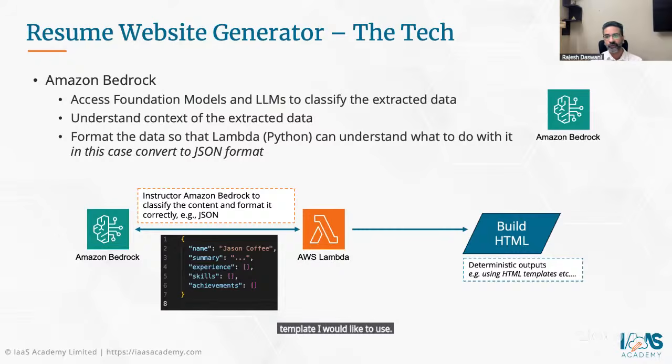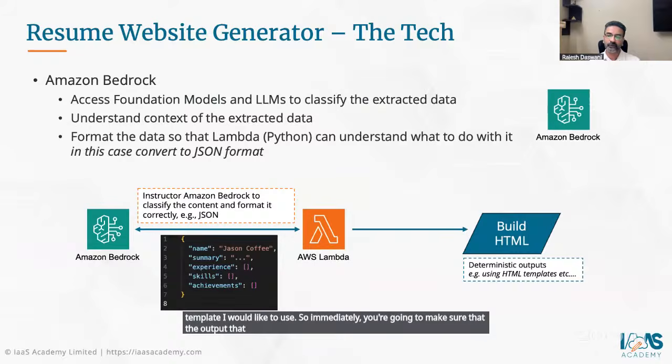So immediately you're going to make sure that the output is consistent, it's going to be reliable, it's going to be exactly what the customer wanted, and you have a deterministic output there.